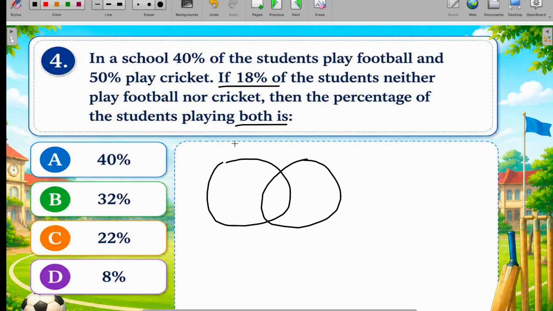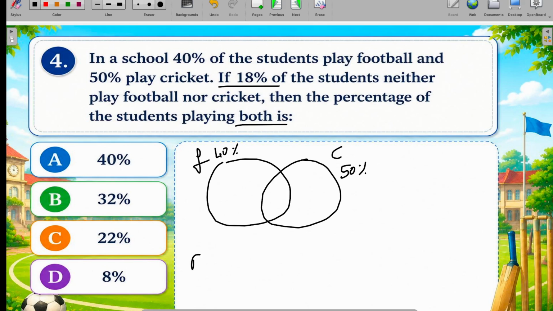40% of students play football, so football is the full circle, not only football. And 50 percentage play cricket. 18 percentage of the students neither play football nor cricket.